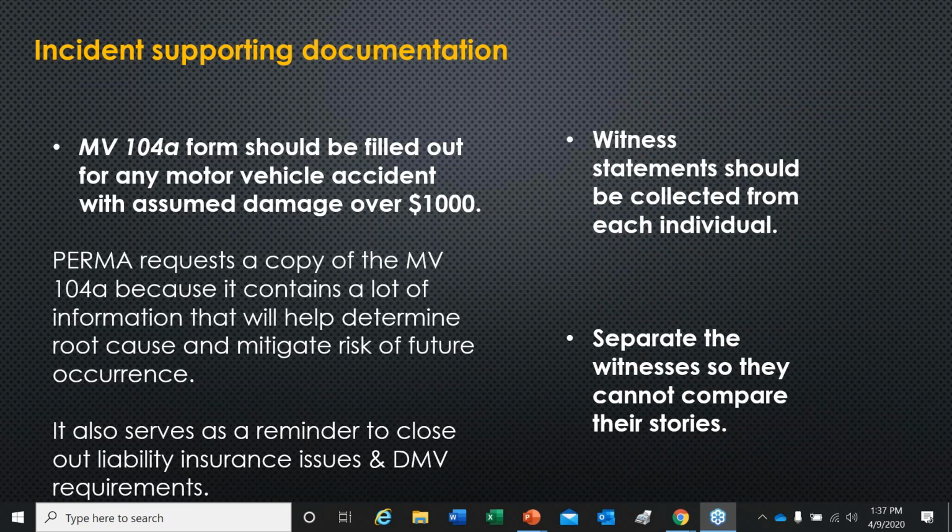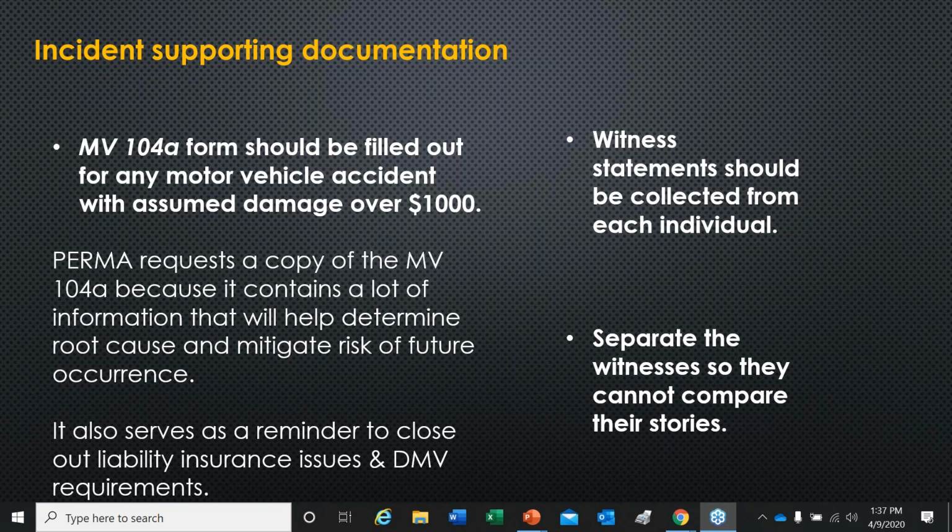One other thing that's included in the incident supporting documentation is an MV-104A form that should be filled out, especially if you have a motor vehicle accident where the damage is assumed, and I'm saying it that way, to be over $1,000. We ask you to fill that out because it'll help you make sure that all your paperwork is in order, but it also sometimes gives us a better bit of information.